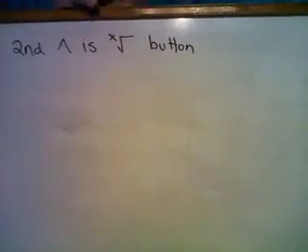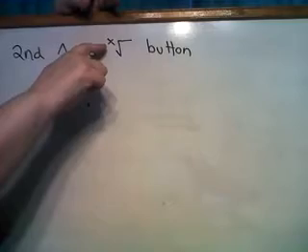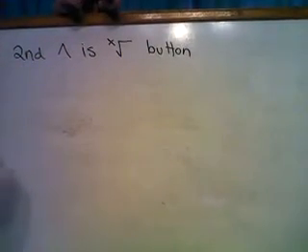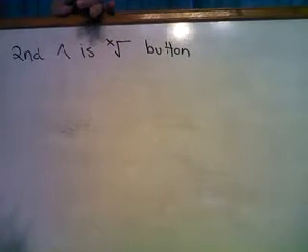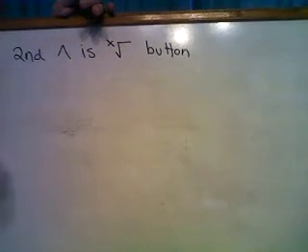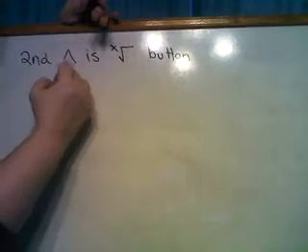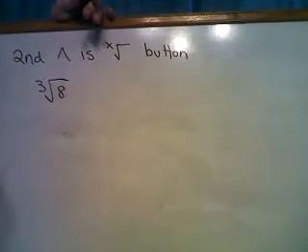Okay, so second up arrow gives you this symbol where it looks like a square root symbol with an x. This is your button that will do something other than a square root. However, you actually can use it for a square root, but since we already have a square root function in our calculators, you wouldn't use this for the square root. So say you wanted to do the third root of 8, and you were like, I'm not sure what times what times what gives me 8.